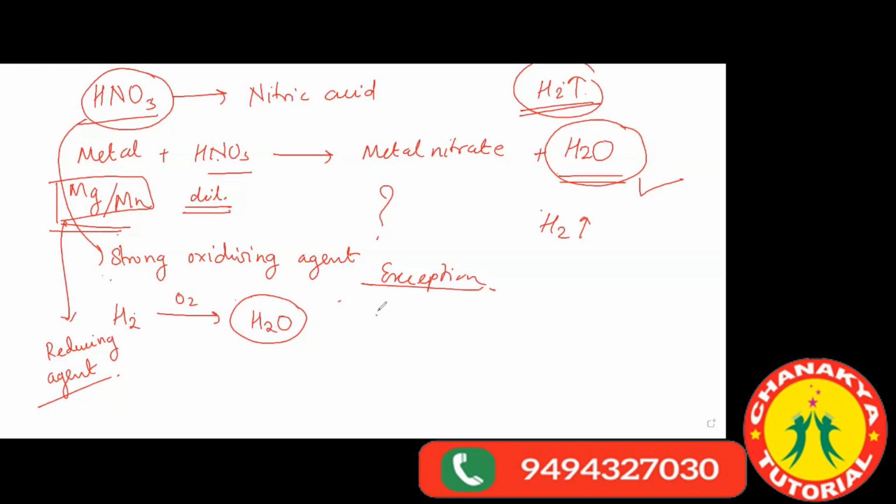Because HNO3 is a strong oxidizing agent, so it oxidizes H2 into H2O. But whenever we use magnesium and manganese, due to their strong reducing character, they release H2 gas when dilute HNO3 is used with them. Clear?